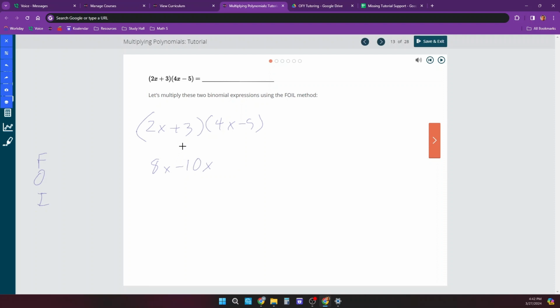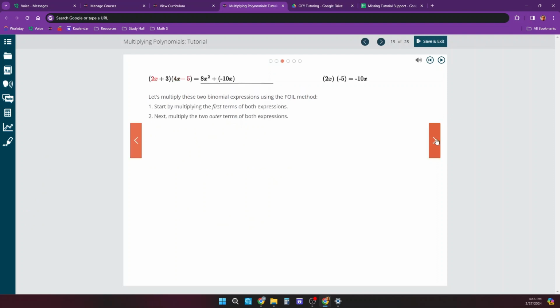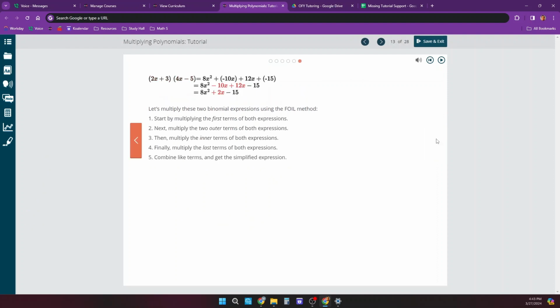Our inside terms are going to be 3 and 4x. So that's going to be plus 12x. And then our last terms are going to be 3 and negative 5, that being negative 15. So we multiplied all these terms together, we FOILed them, and ultimately we get, that should be 8x squared. I think I wrote that, I might have deleted that, but that should be an x squared. So this is 8x squared plus 2x minus 15, and that is your answer. And if we delete this and go through it, it is indeed our answer.